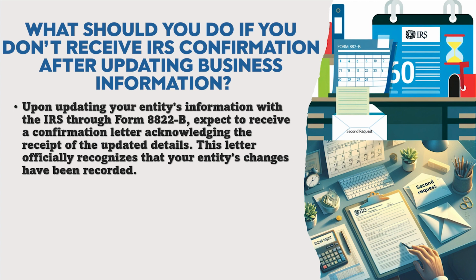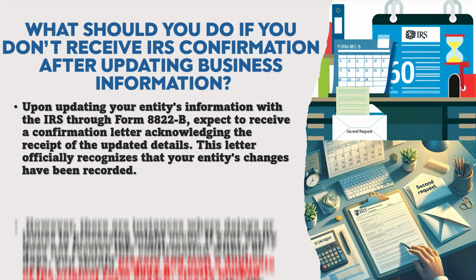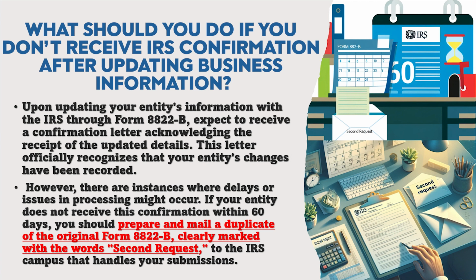But anyway, the IRS also says that if you do not receive this within 60 days, you should prepare and mail a duplicate of the original form 8822B that you completed, and you should mark it as second request, okay, and send it to the same IRS campus that handles your submission.